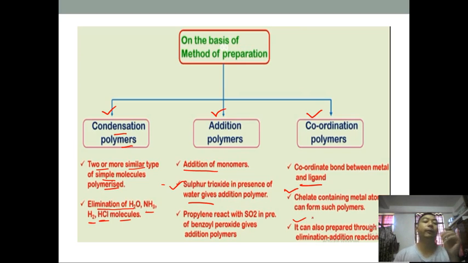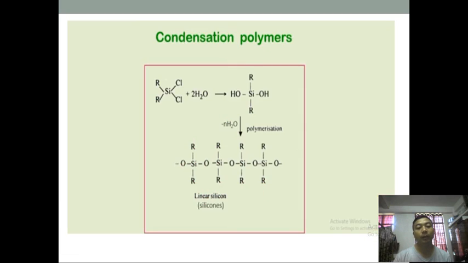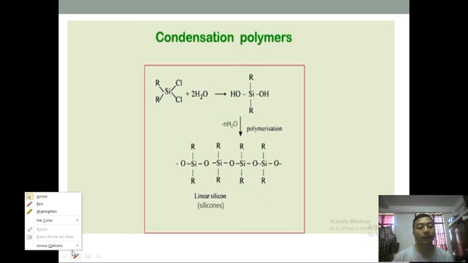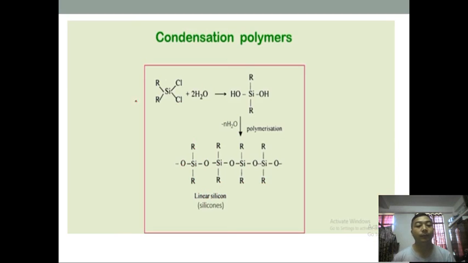So on the basis of method of preparation, they are divided into condensation polymers, addition polymers, and coordination polymers. For condensation polymers, an example is R2SiCl2, which can react with water molecules and polymerize into silicones, right?